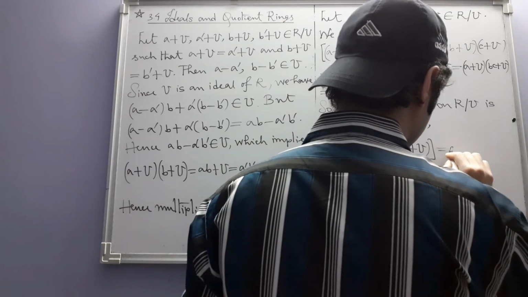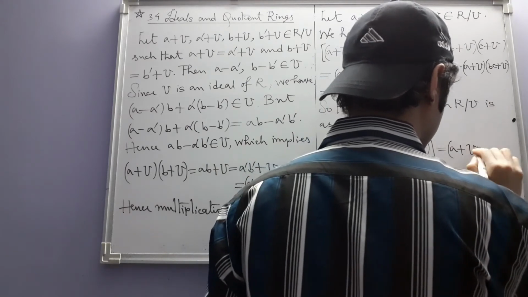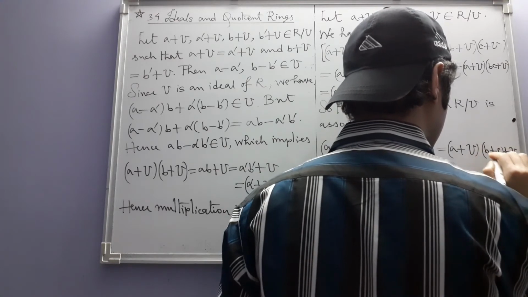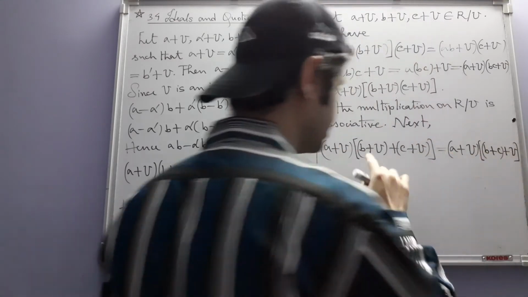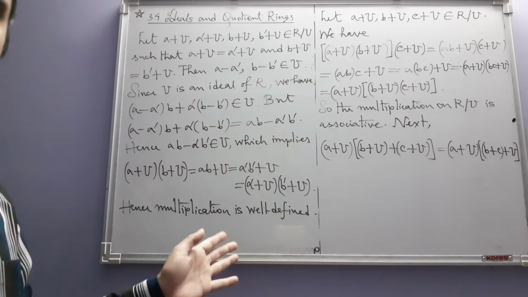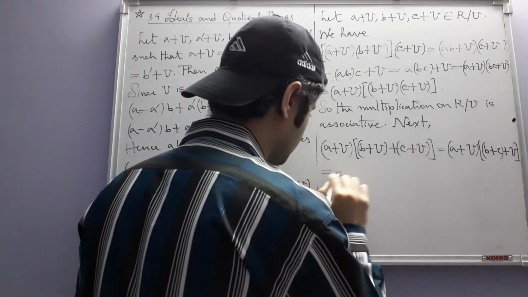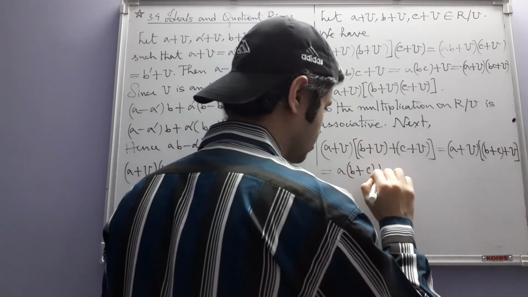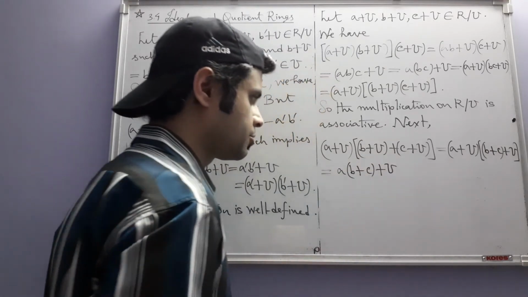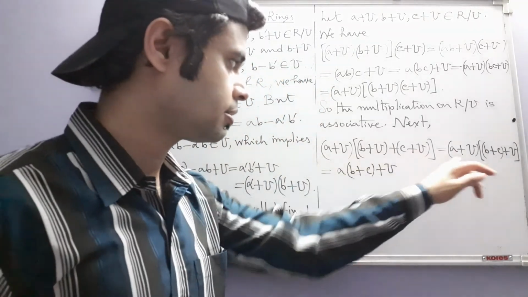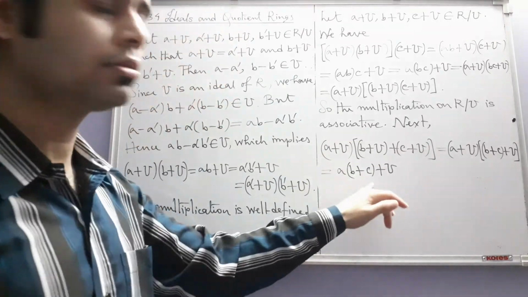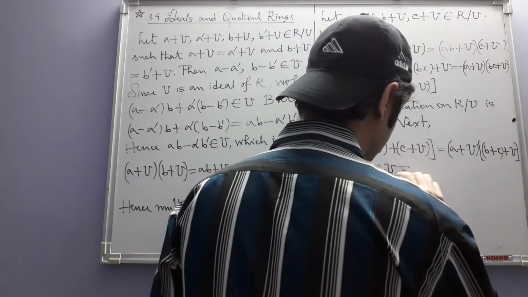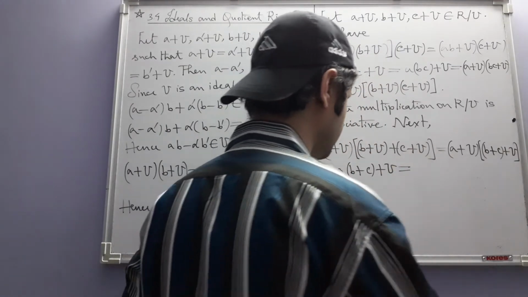This is equal to (a plus u) times (b plus c plus u), by the definition of addition in R by u. Now by the definition of multiplication, you can see that the calculations are almost mirroring the corresponding calculations in R. That's why everything is happening so smoothly.